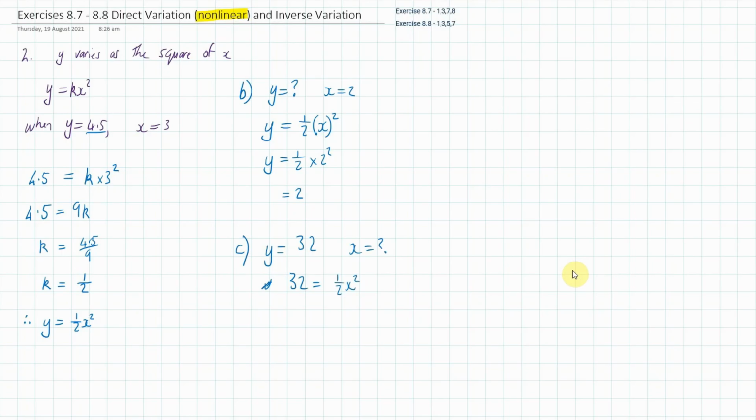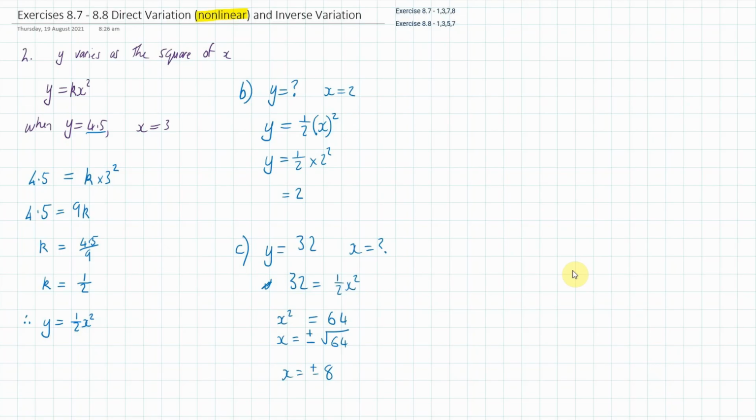To get x squared by itself we multiply both sides by 2, and here we get x is equal to plus or minus the square root of 64, so x is equal to plus or minus 8.